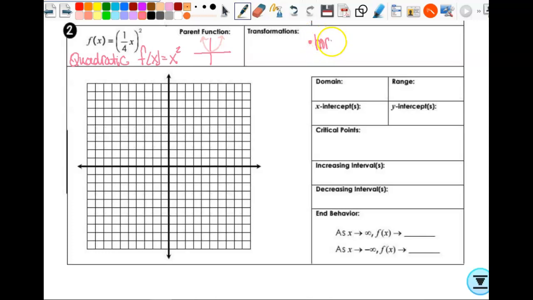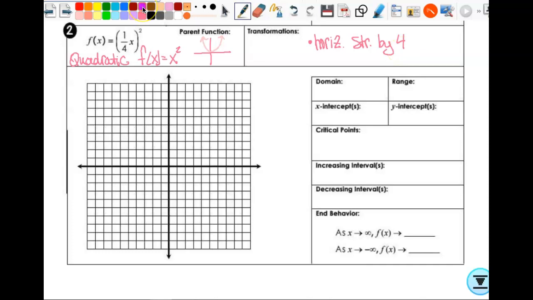Is it a stretch or a compression? Stretch, because x is a big fat liar, right? It looks like I'd be multiplying by 1/4 and it's going to get smaller, but x is a liar. It actually gets bigger. So this is a horizontal stretch by 4. Okay? We good? X is a liar.